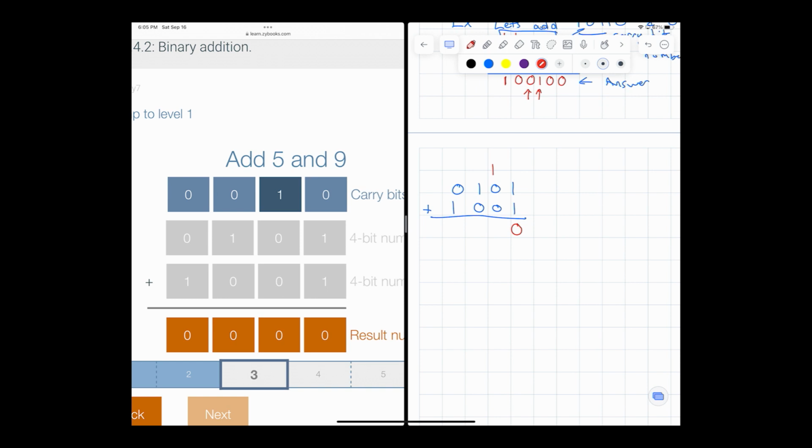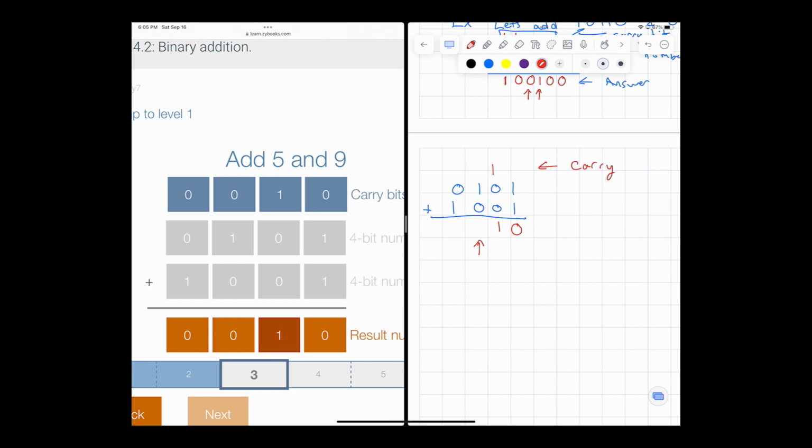So we have to add these carry bits to the picture to get credit for it. So this is where we are. Now we're looking at this column. This column we've got 1 plus 0 plus 0, which is just going to be 1, and there's no carry. So we put a 1 there. Now we are on to the third column.